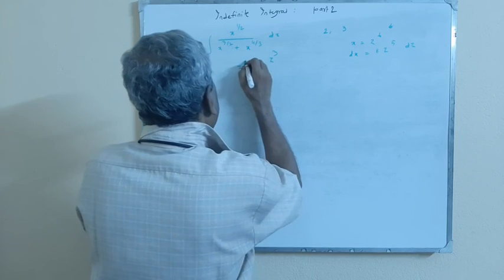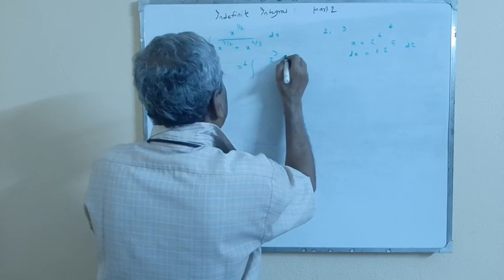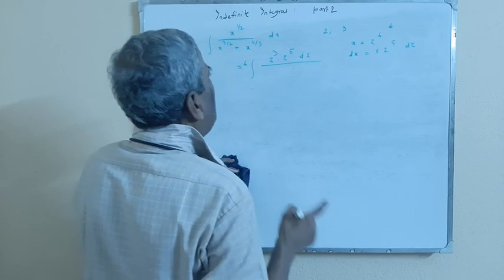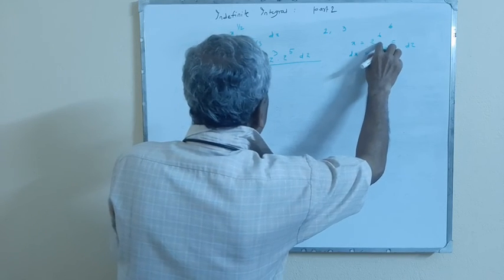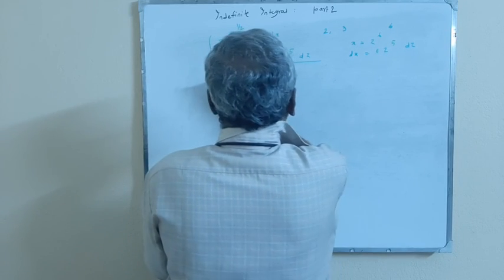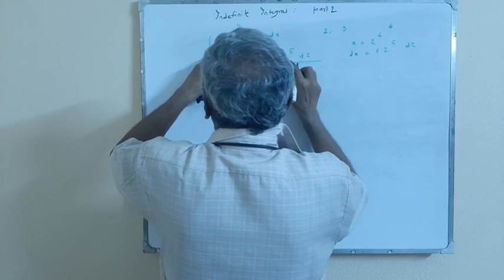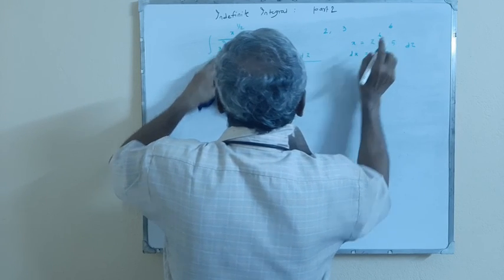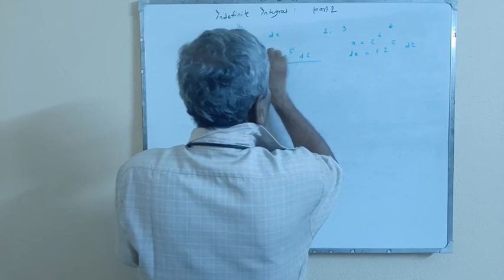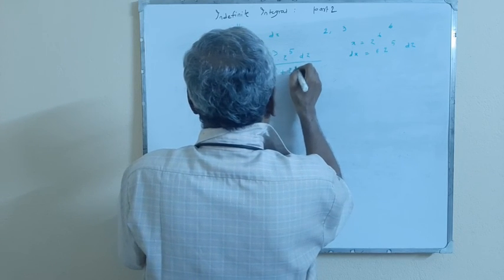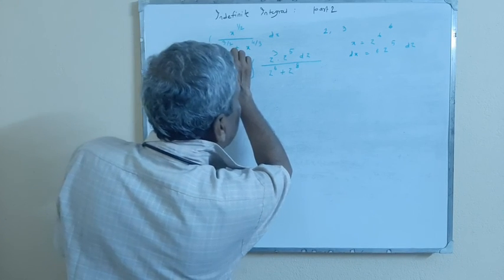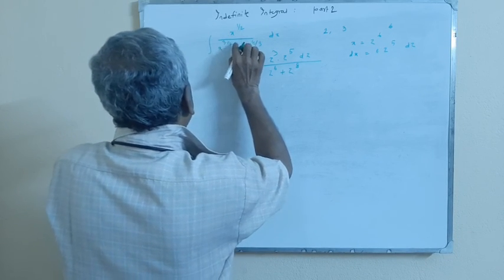Dx is 6 into z to the power 5 dz, by x to the power 3 by 2, that is z to the power 9, plus x to the power 4 by 3, that is z to the power 8.